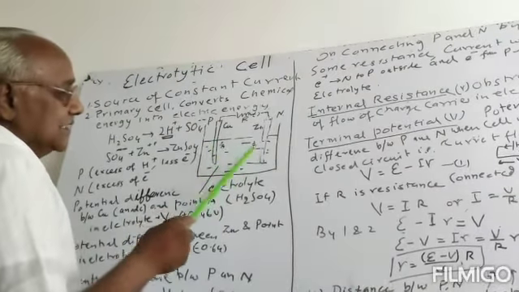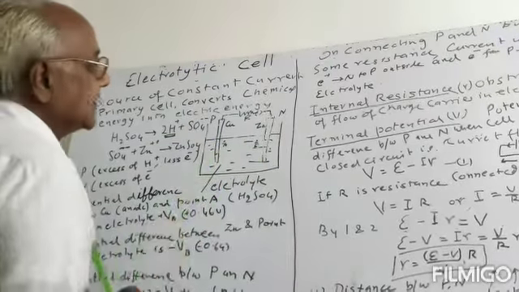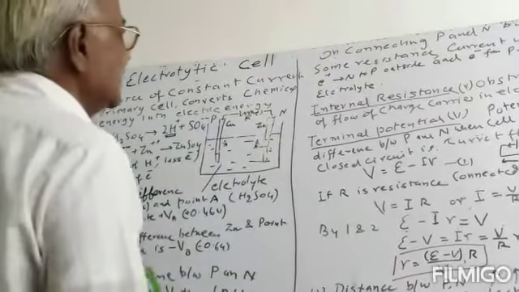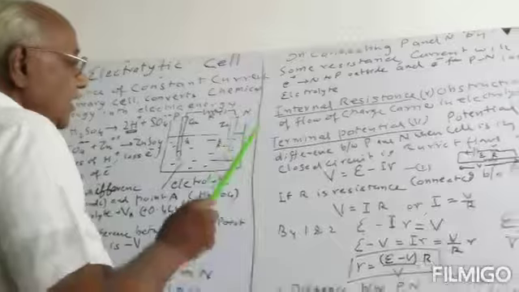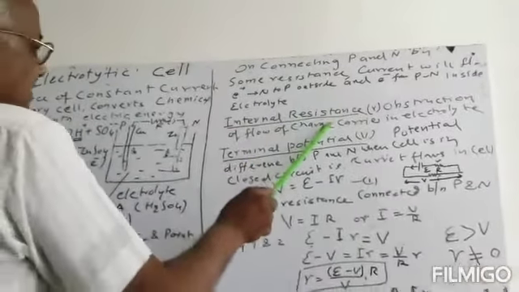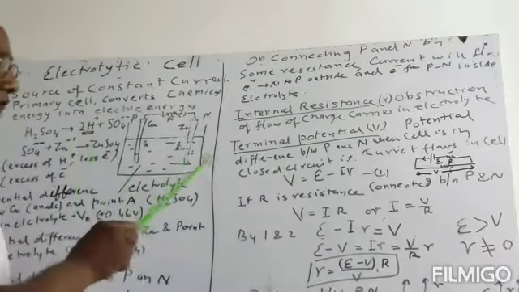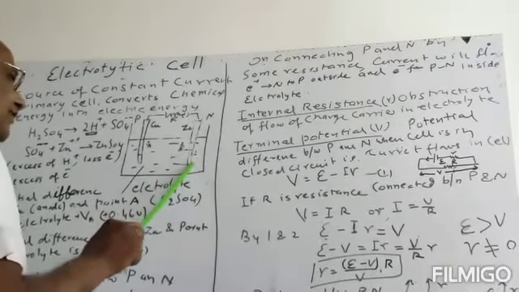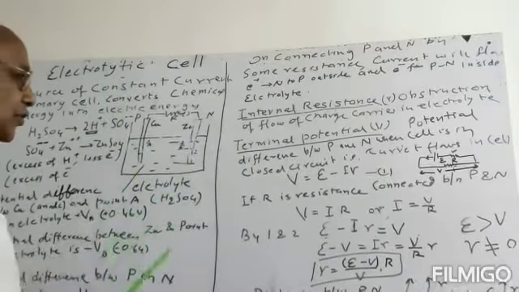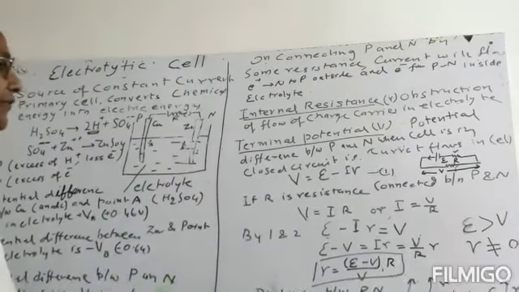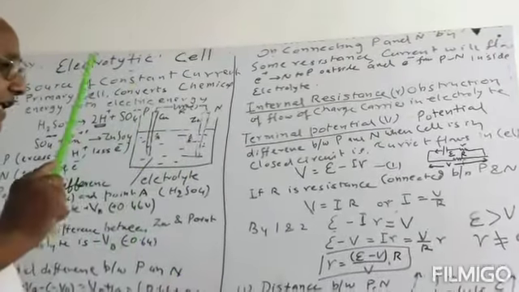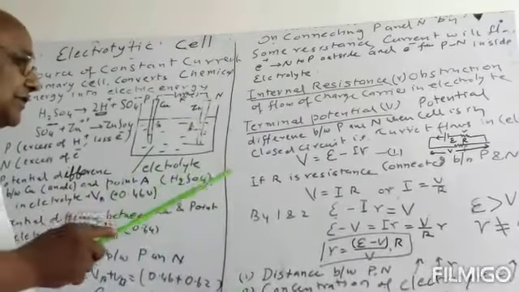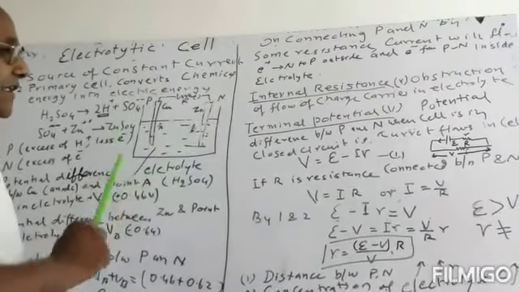Then the resistance is observed, and that resistance is internal resistance. So internal resistance of a cell cannot be equal to 0. The internal resistance of the cell is due to the obstruction of charge carriers, which are electrons or positive charge inside the liquid.